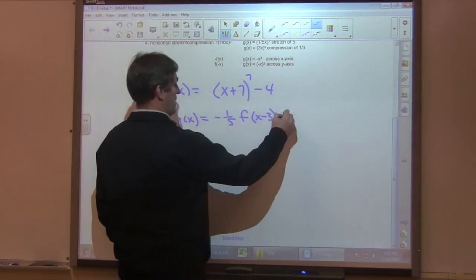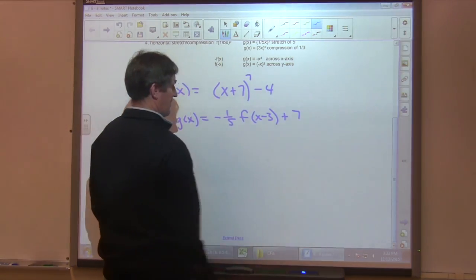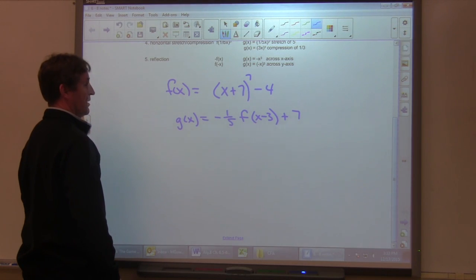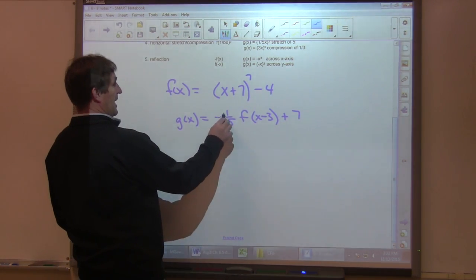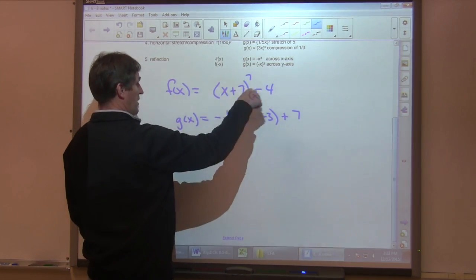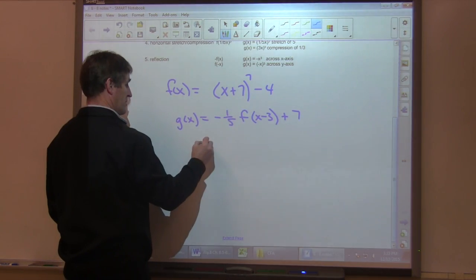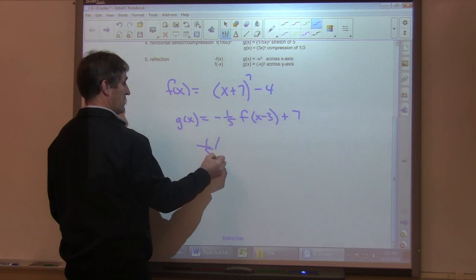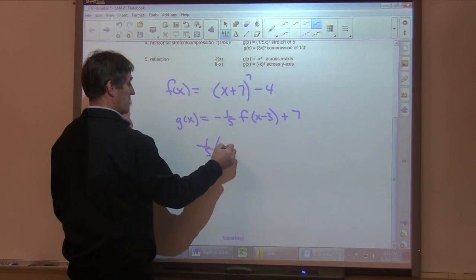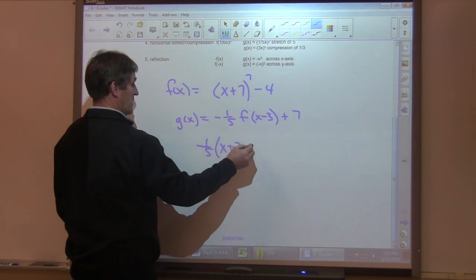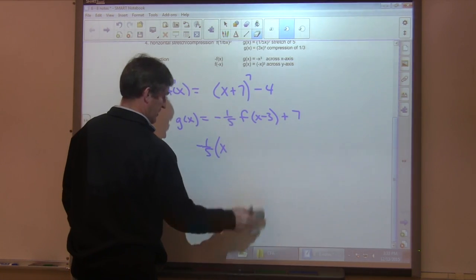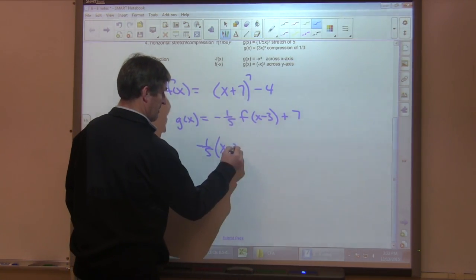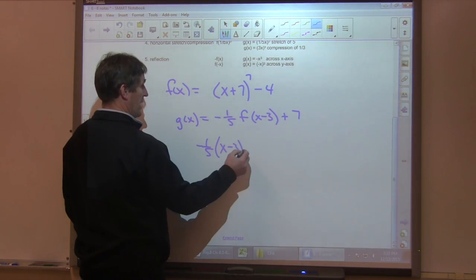And let's add plus 7. All right? So we've got to take negative 1/5 times this whole function. But we've got to put x minus 3 in here for this, because we're going to move it 3 to the right.